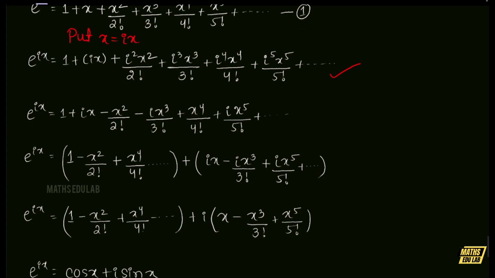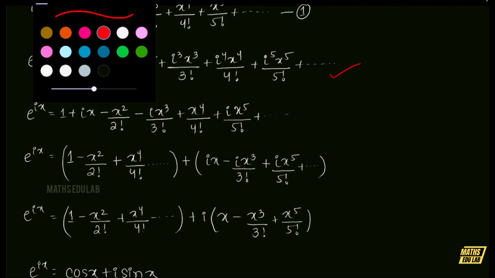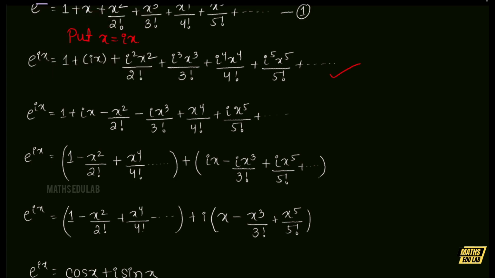Then in the next step, as we have learnt in our secondary higher classes, iota is equal to root over minus 1.